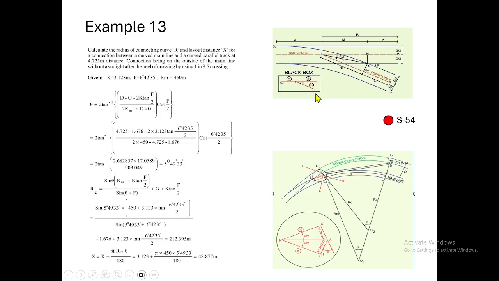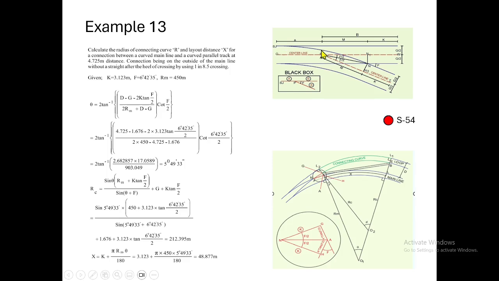Actually, what is k, we have discussed already. Now we have seen the central representation of points of crossing. Here this is our point of intersection, that means the intersecting point of the centers of the main line and turnout line is the point of intersection.